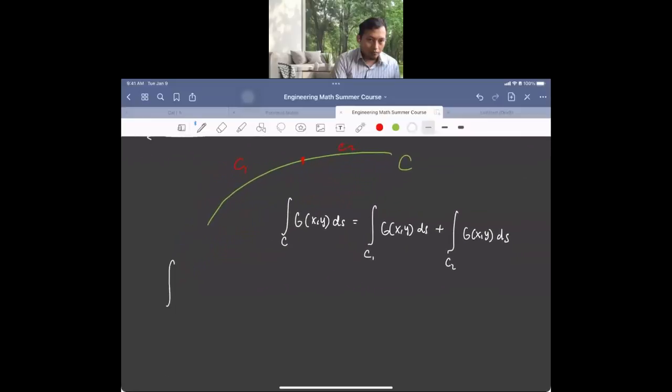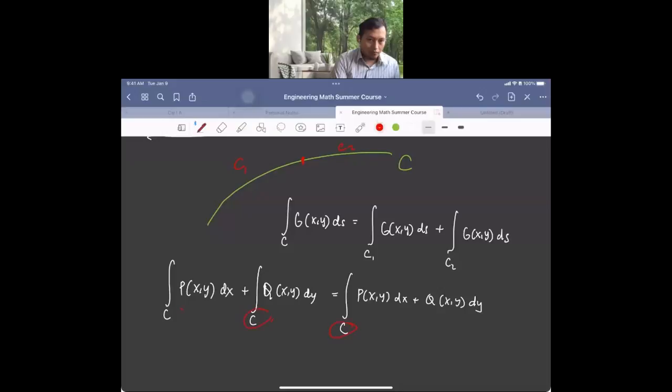And sometimes, for example, if you have dx like that, and then we have q(x,y) dy, we can combine this together and write it as p(x,y) dx plus q(x,y) dy.